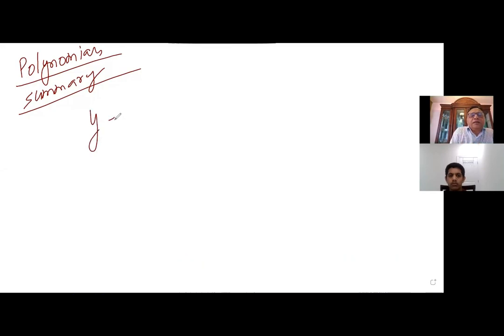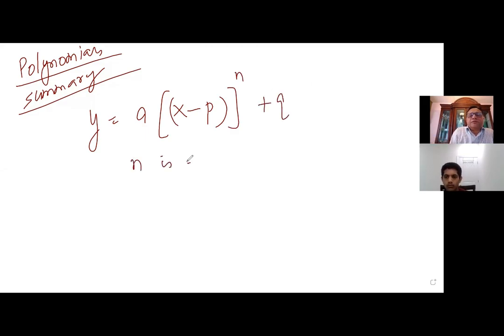Let me just again show that on a whiteboard, when there will not be any x-intercept. So if I have y equals a times (x minus p) to the power of n, plus q, where n is an even degree.